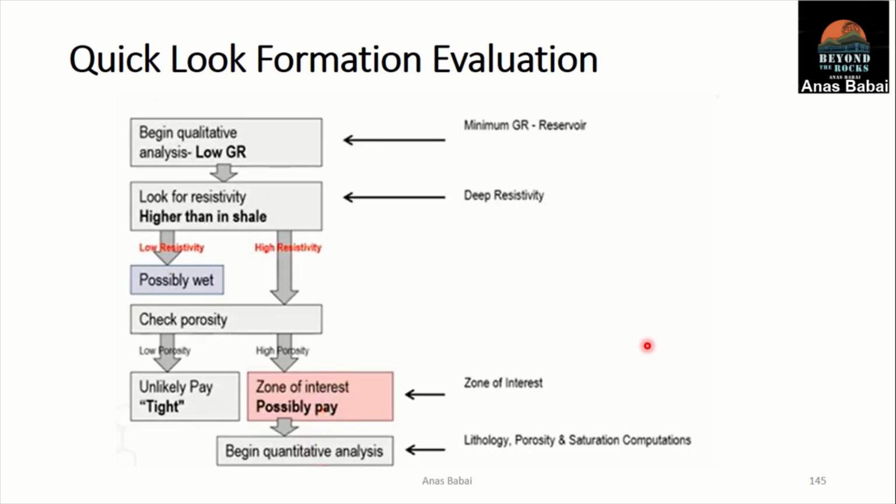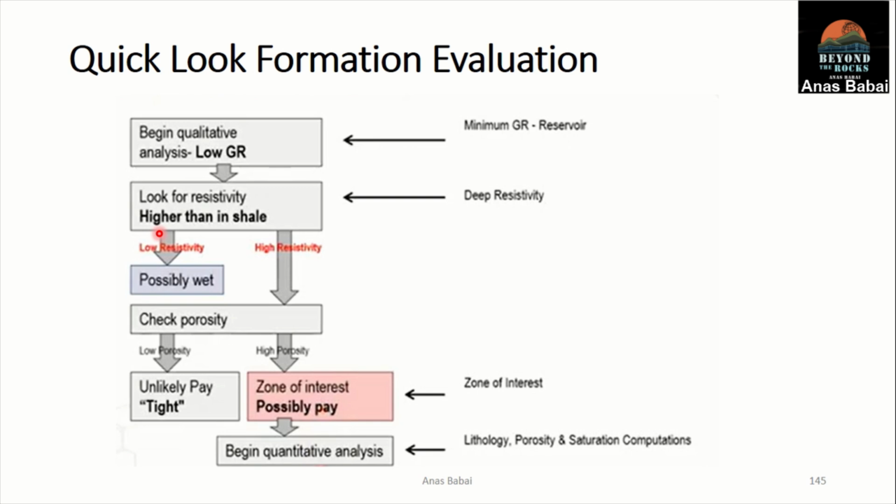If we identify a zone which has low gamma ray, that means this zone is potential reservoir rock. Then we go to the resistivity log, in which we will be looking for a zone having higher resistivity than shale.